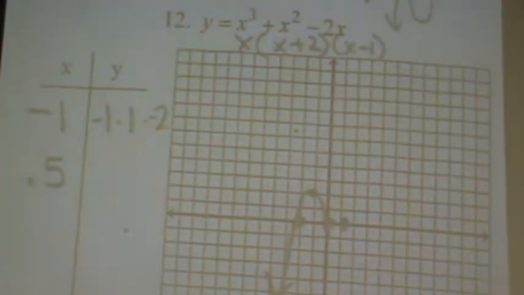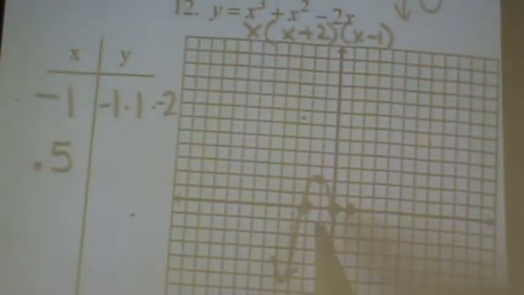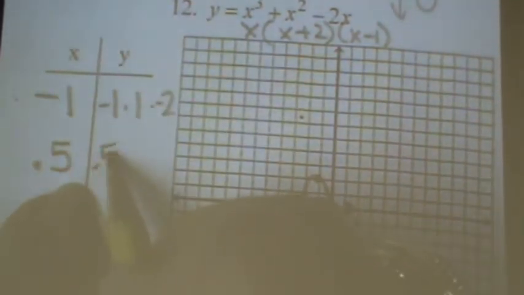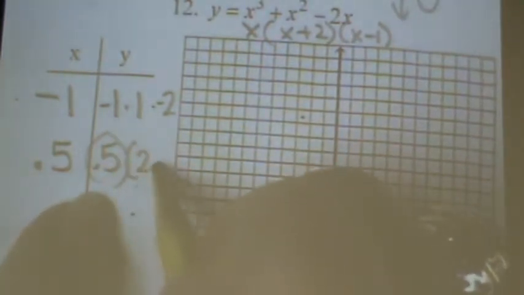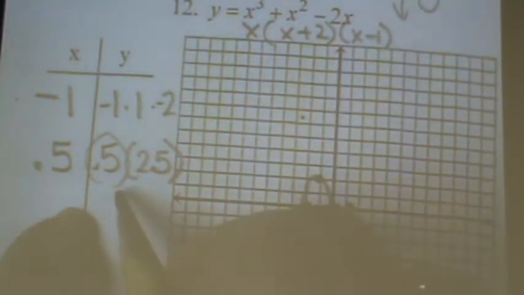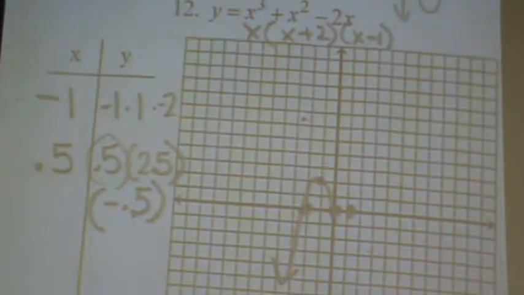What were you saying, Jerry? Because between 0 and 1 is a half. So do a half. So you're going to have 0.5. And then what is 0.5 plus 2? 2.5. And then 0.5 minus 1 is going to be -0.5. Multiply those out. Tell me what you get.